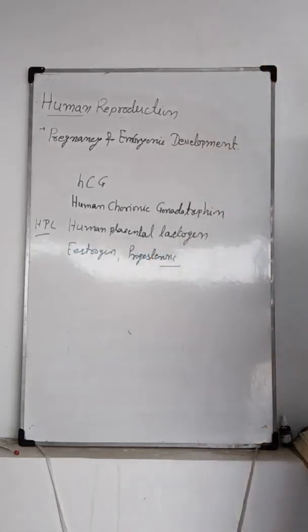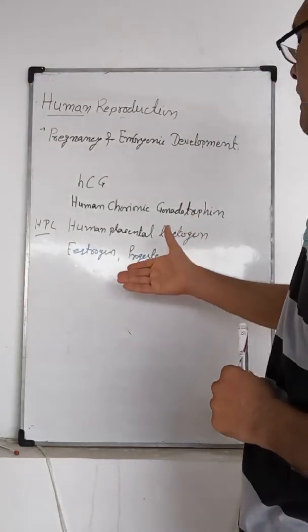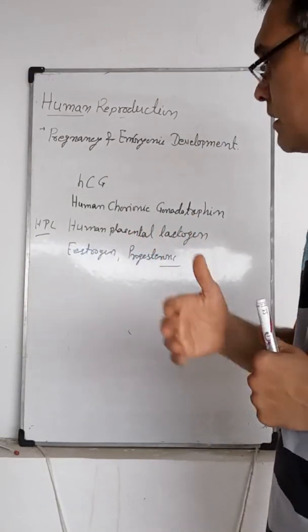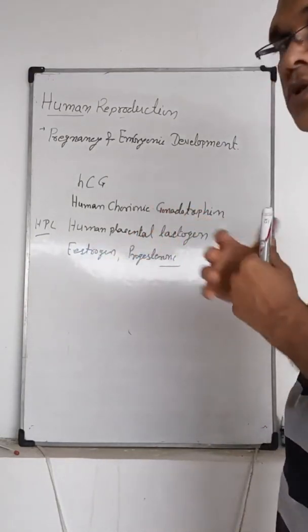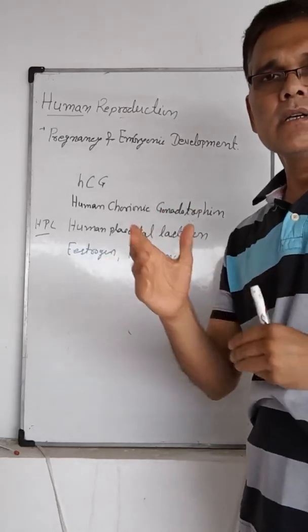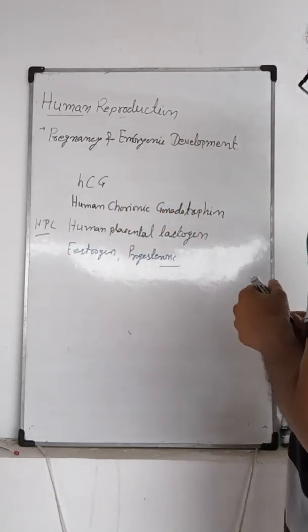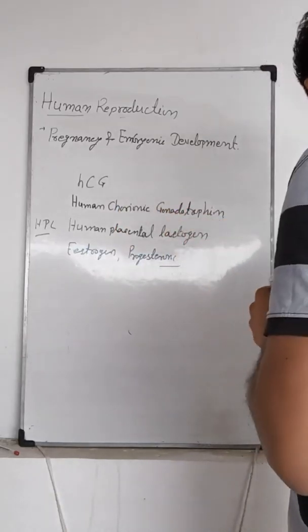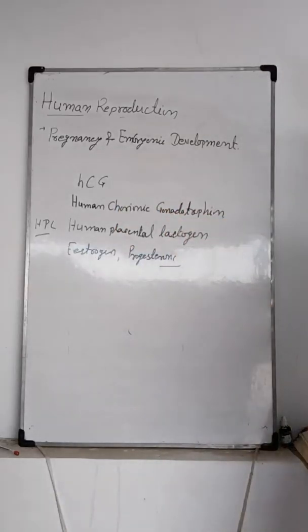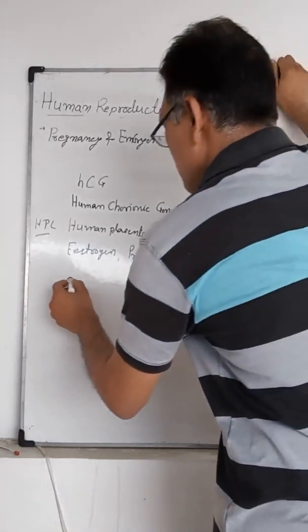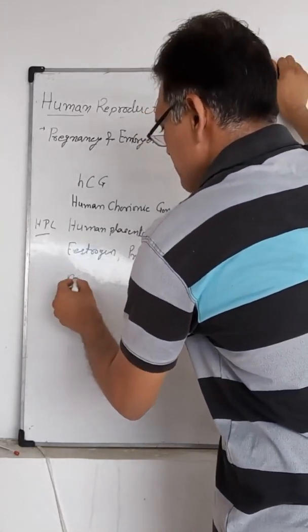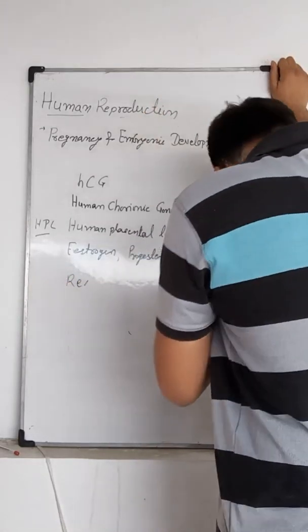These hormones are secreted by the placenta, and estrogen and progesterone are also secreted by the female ovaries. The next hormone, secreted at the end of pregnancy, is relaxin.